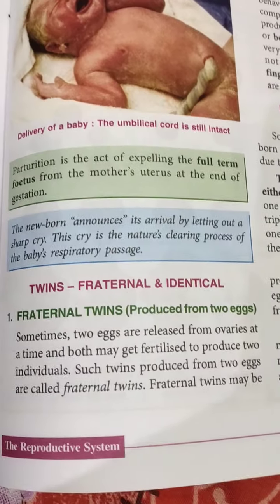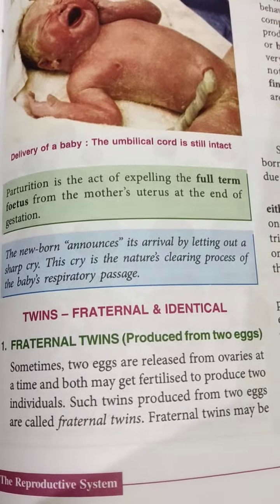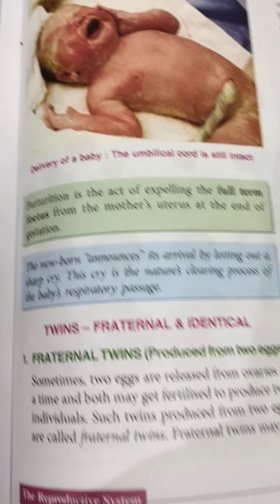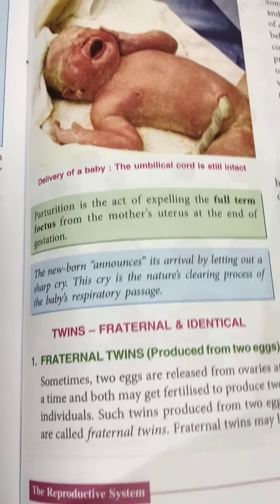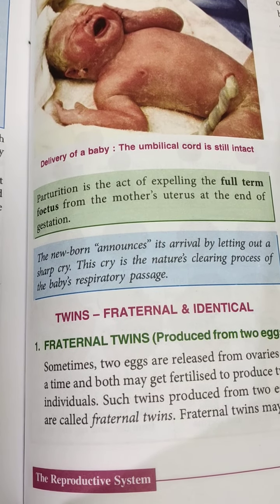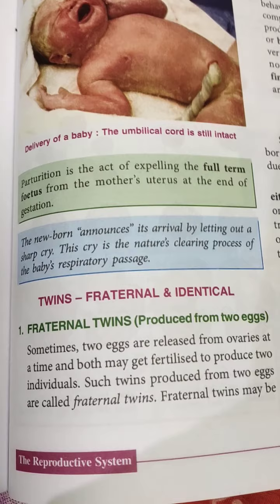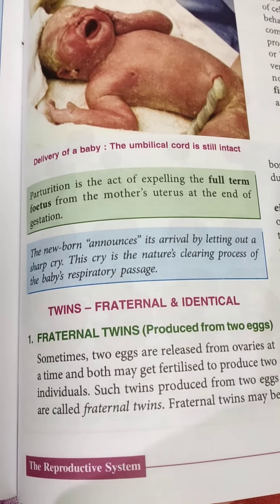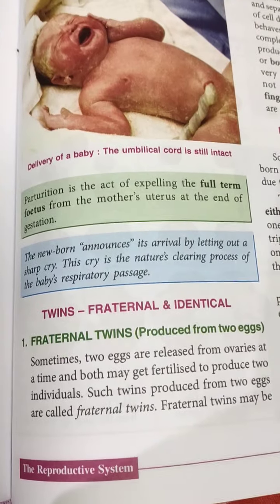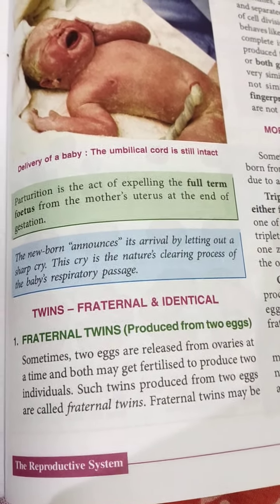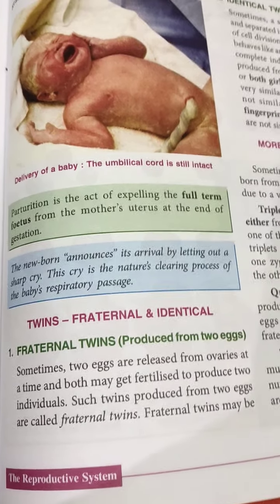Now, what are twins? There are two types of twins. I hope you all know it. One is identical, another is fraternal. Fraternal means produced from two eggs, because sometimes we see that a brother and sister have been born at the same time, but they look dissimilar, and one of them can be a sister, another one can be a brother.